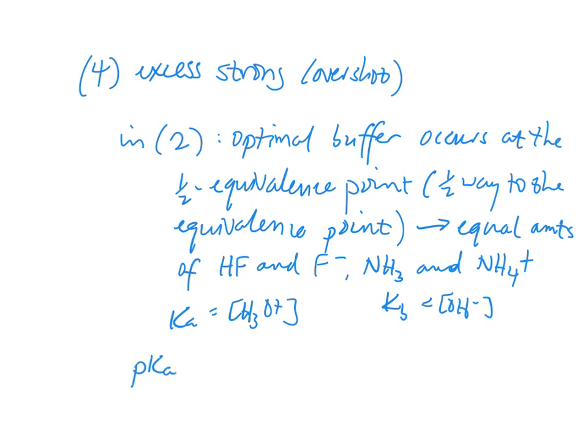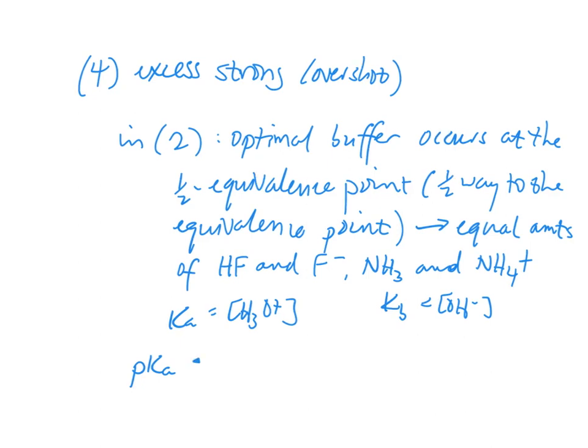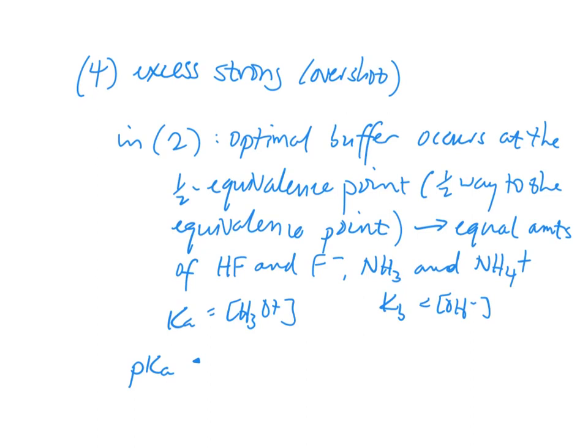I keep thinking that it's 2019, silly me. That pKa is the same thing as pH at this point, or that pKb equals pOH, where simply p, the letter p, means negative log of whatever we're talking about.